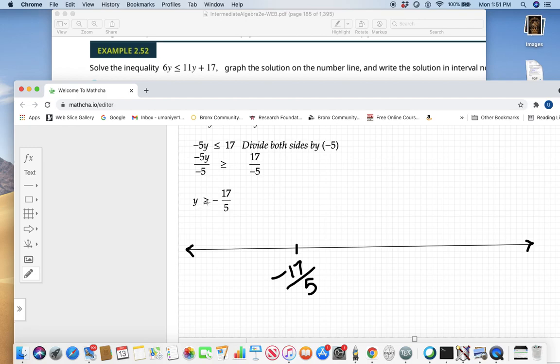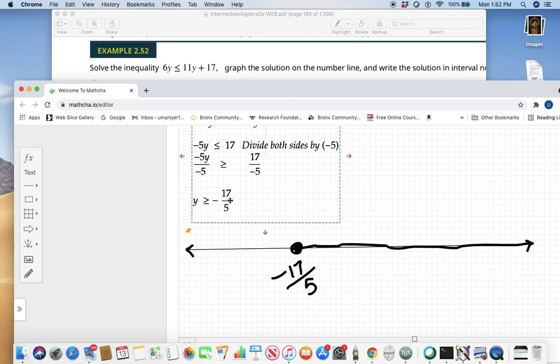You are allowed to be equal, which means you fill in the point. Y is greater than or equal to, so greater than or equal to means equal or more. That is, you go to the right as far as possible and you keep going.